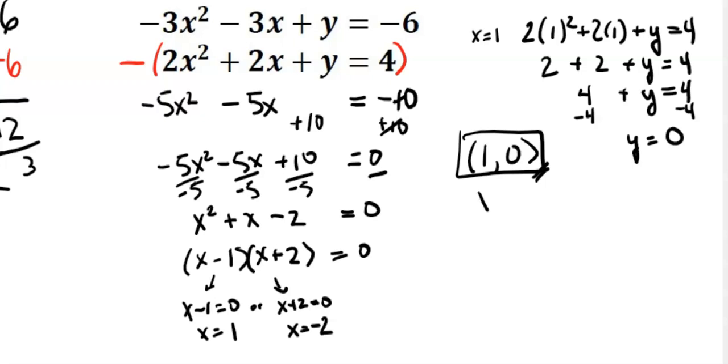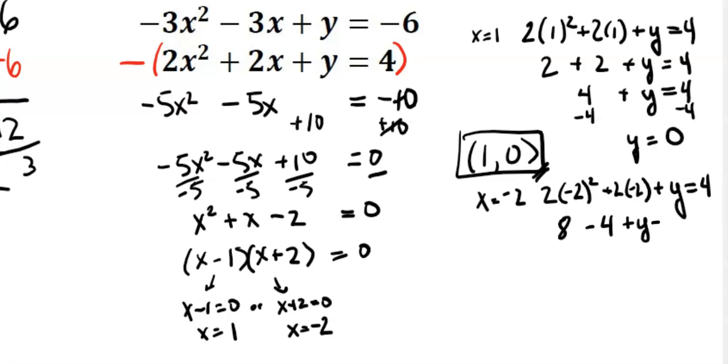And then if we put in x equals negative 2, we'll go ahead and use the same equation. 2 times negative 2 squared plus 2 times negative 2 plus y equals 4. And negative 2 times negative 2 is positive 4, times 2 is 8, 2 times negative 2 is negative 4 plus y equals 4. 8 minus 4 is 4 plus y equals 4.